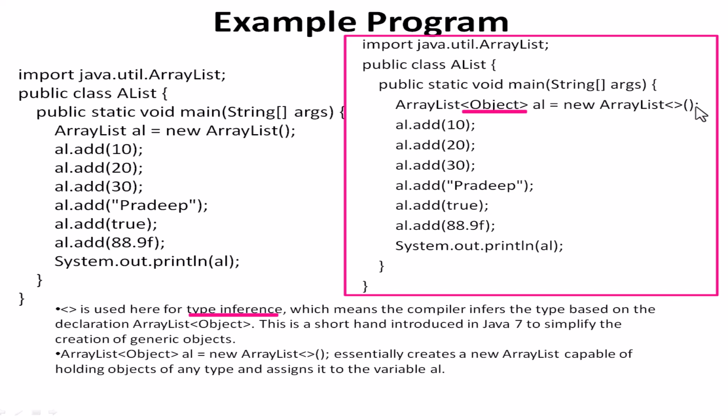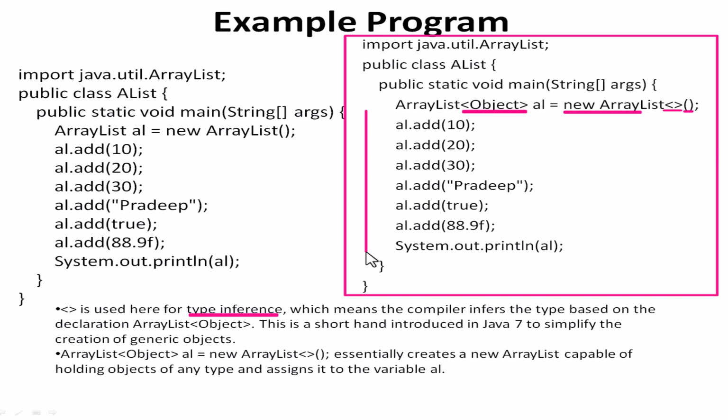And again you have declared a new ArrayList, and you have specified the greater-than and less-than symbols followed by the constructor method. You are allocating a new memory location for the ArrayList, and the symbols imply the generics you are using in the collection. Next you use al.add 10, 20, 30, and so on.